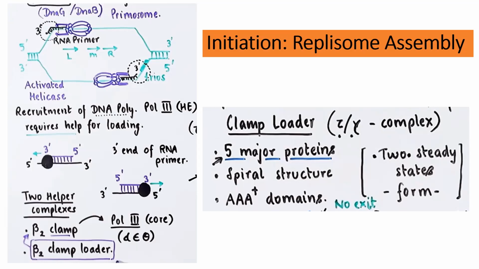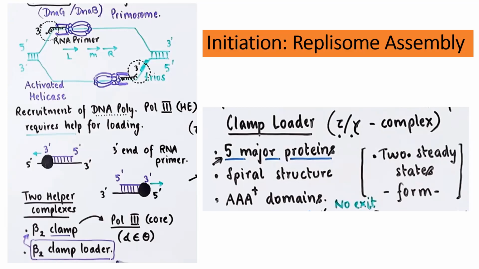The clamp loader is sometimes also called the tau and gamma complex, and it has 5 major proteins that come together to form a spiral structure. As we will see, 3 of these 5 proteins have a triple A plus domain, which means that they have an ATPase domain. These tau and gamma are actually pretty important nomenclature.